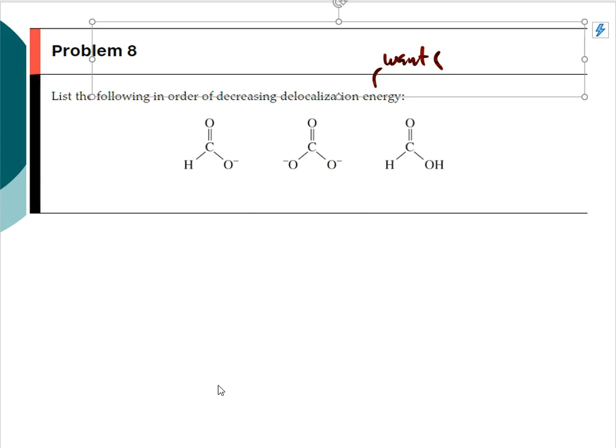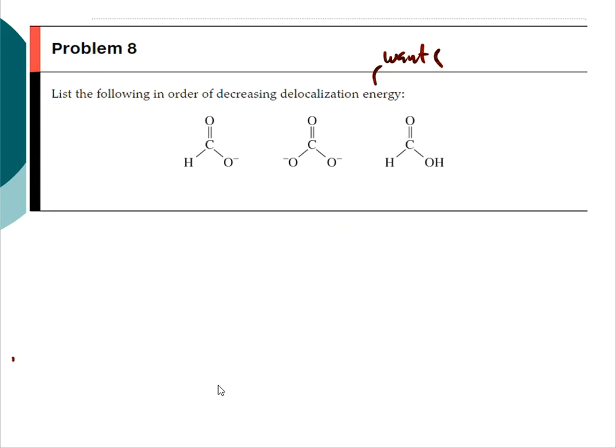That's where we have to start. The question says listed in order of decreasing, so the most delocalization energy to the least delocalization energy. That's how they want me to rank them. This is what they want me to show that I understand.